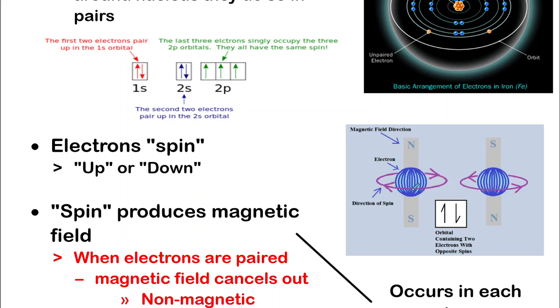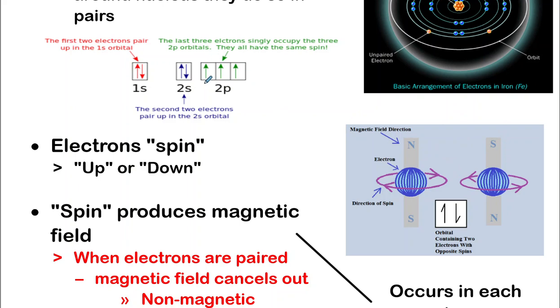Well, in this case, the charge isn't moving through a wire, the charge is just moving by spinning around. And so when it spins, it creates a magnetic field. Since this one is spinning clockwise, we would have the north direction up here. This one's spinning the opposite direction, so it's south up here, and these then cancel each other out. So this would be non-magnetic.